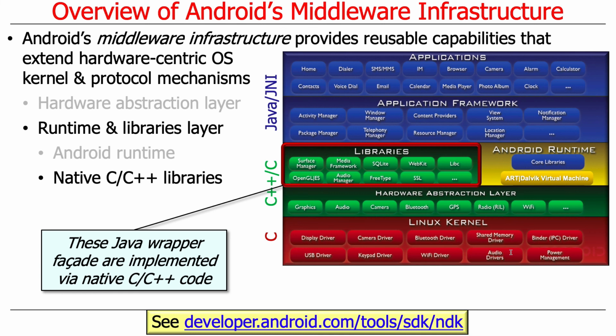Not a widely recommended practice because it pulls in all the accidental complexities of programming in C and C++, but it's available. The typical people who would choose to do something like this would be people who are building very high performance or performance-sensitive apps, like gaming. So if you're using the Android platform as a gaming console, then you might choose to use the NDK stuff. But it's pretty rare, quite frankly.